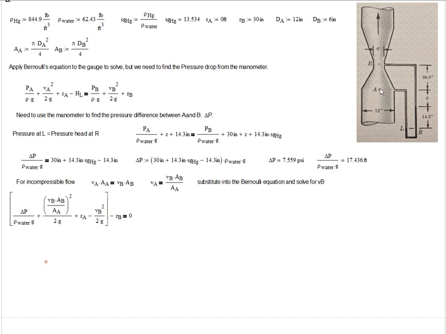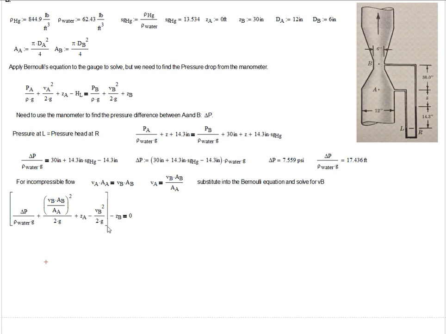So the pressure is greater at A than it is at B. All right, and so now I have VA, that's just this term, squared over 2g plus ZA, and then minus VB squared. So I move that over, VB squared over 2g, I move that over, and I move the ZB over. And I've done this simply so that it's easier for me to solve.